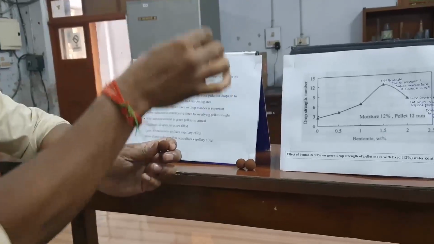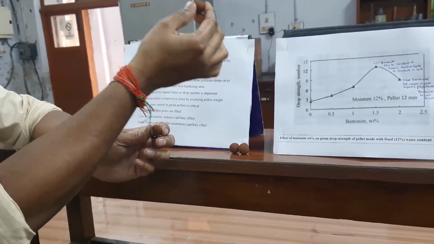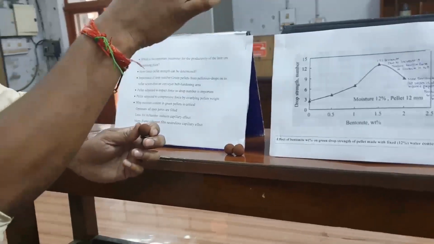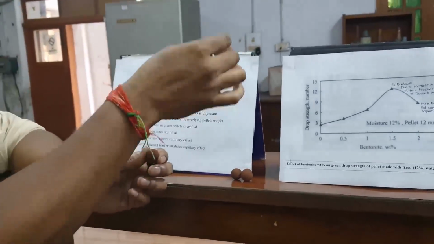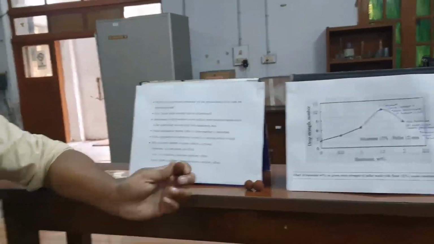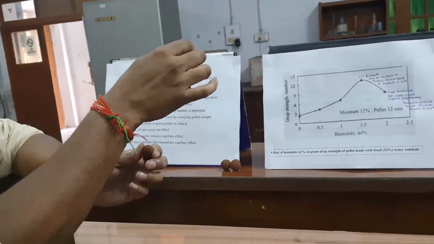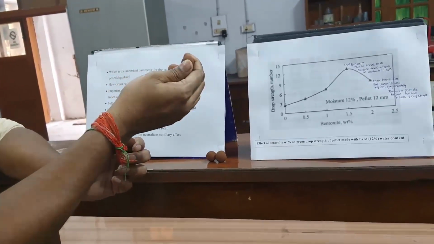It has to sustain a certain number of drops without breaking. How many drops it sustains without breaking on the steel plate is called drop strength.